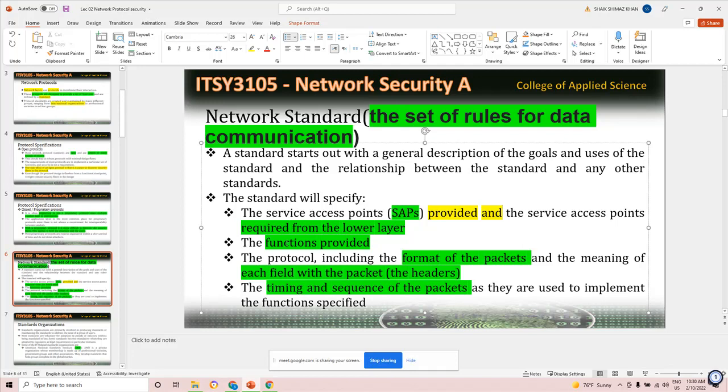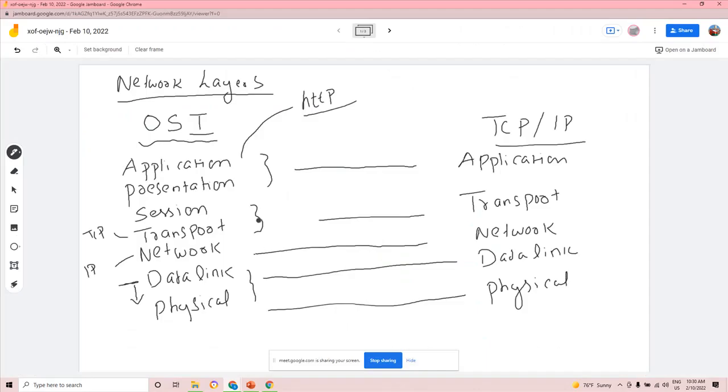And the second point is related to the first point: what functions they are going to provide. For example, students, there are different protocols. Already I have told you, example HTTP, TCP, then you have ARP, address resolution protocol, then you have ICMP protocol. So what function are these protocols going to provide?